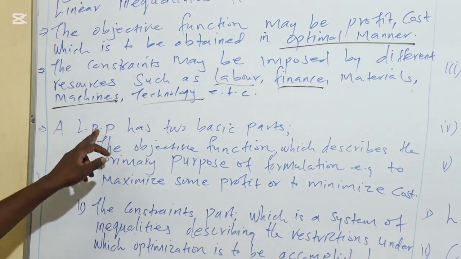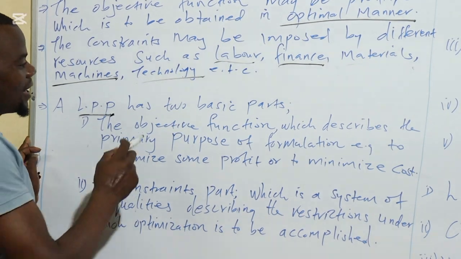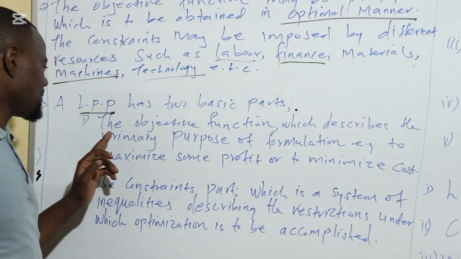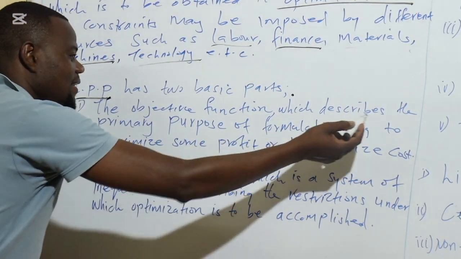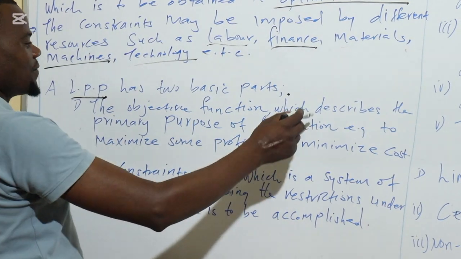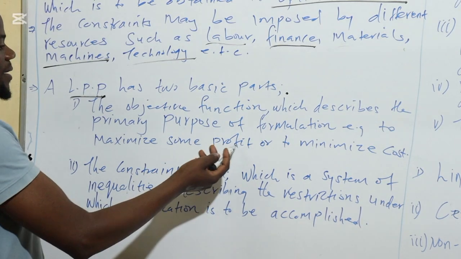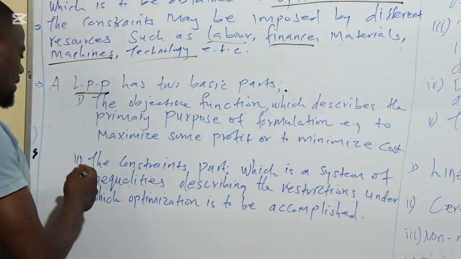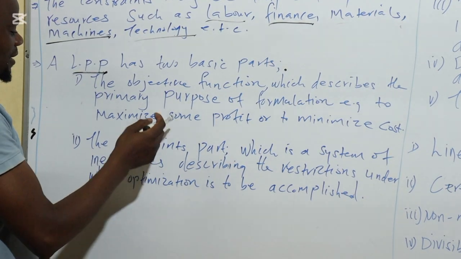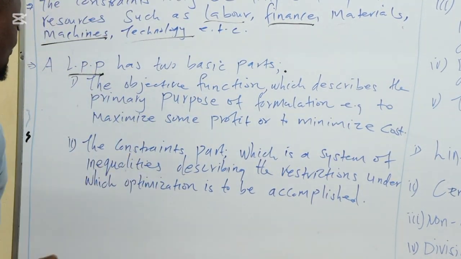So a linear programming problem, that is LPP, has two basic parts. The first part is the objective function, which describes the primary purpose of the formulation. It is either you maximize some profits or you minimize some cost. The second part is the constraint part, which is a system of inequalities.